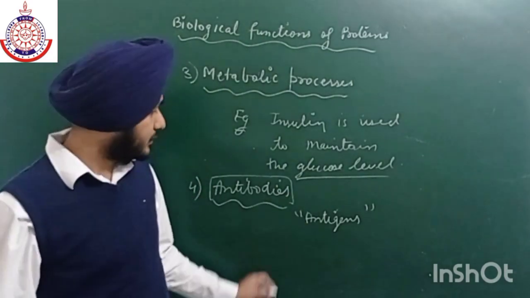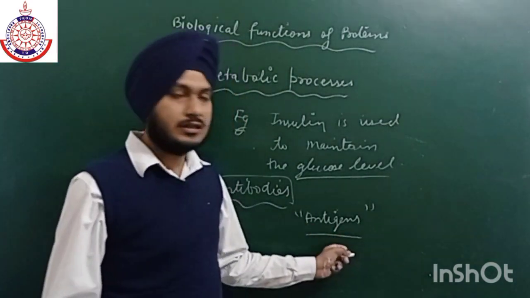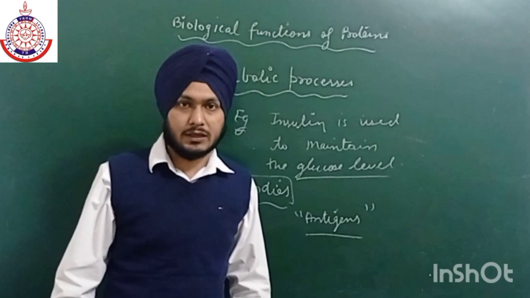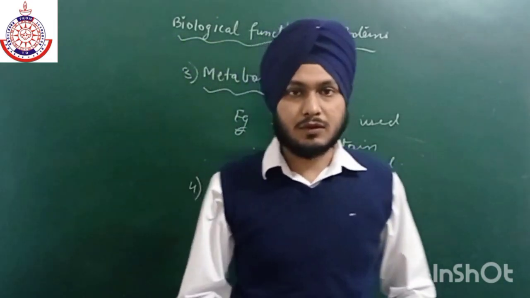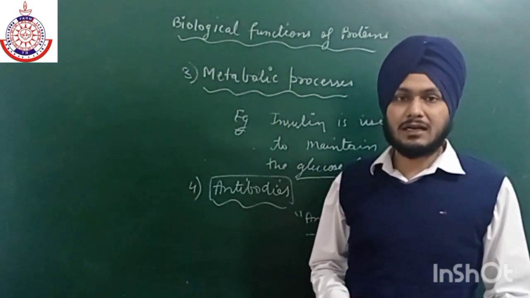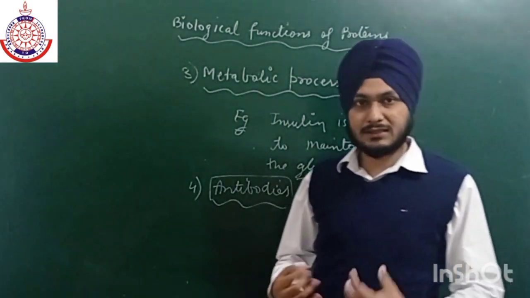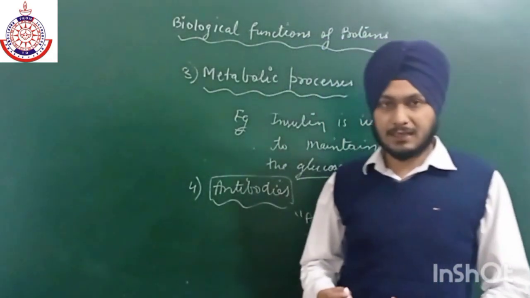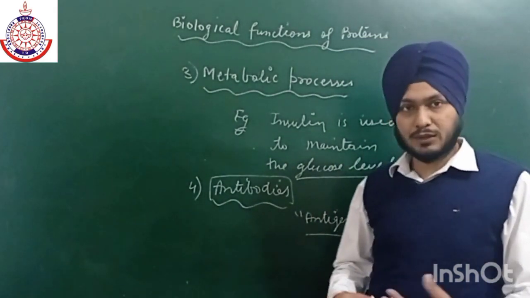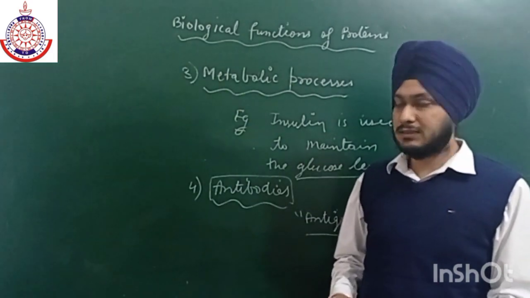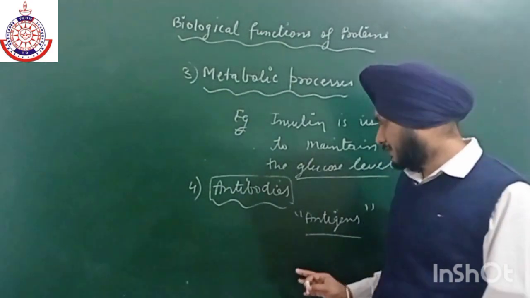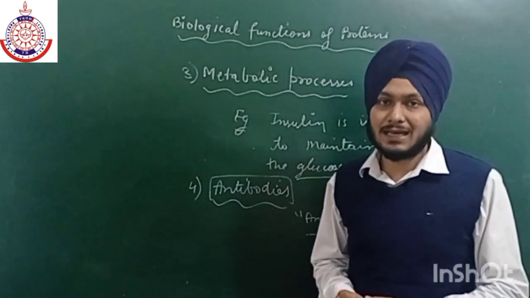They fight against these microorganisms because they are harmful for our body. Okay, this is an automatic function of our body. When there is some entry of antigen, our body itself releases some proteins which will fight against these antigens. Okay, and those are known as antibodies.